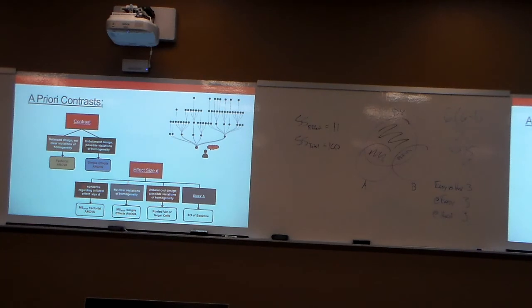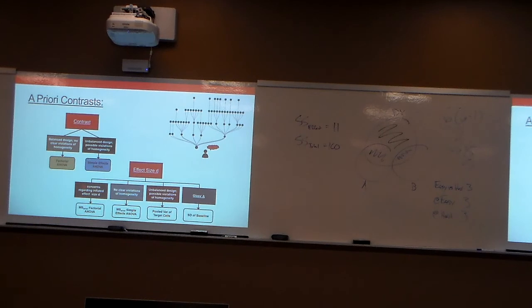For my planned contrasts, if I've got a balanced design, no clear violations of the homogeneity of variance, I can make an argument for pulling an error term from my mean squared error from my factorial ANOVA, but with an unbalanced design and possible violations of homogeneity of variance, probably what's going to be better for simple effects is running a simple effects ANOVA, and then taking things from there. Once I've run a simple effects ANOVA, now I just have a one-way ANOVA design, right? And then you can go in through there to get my effect sizes.